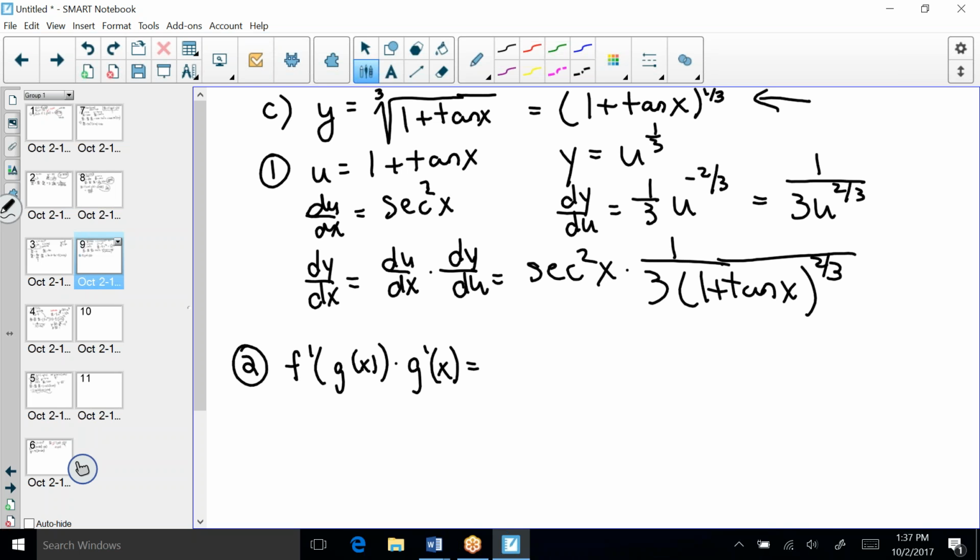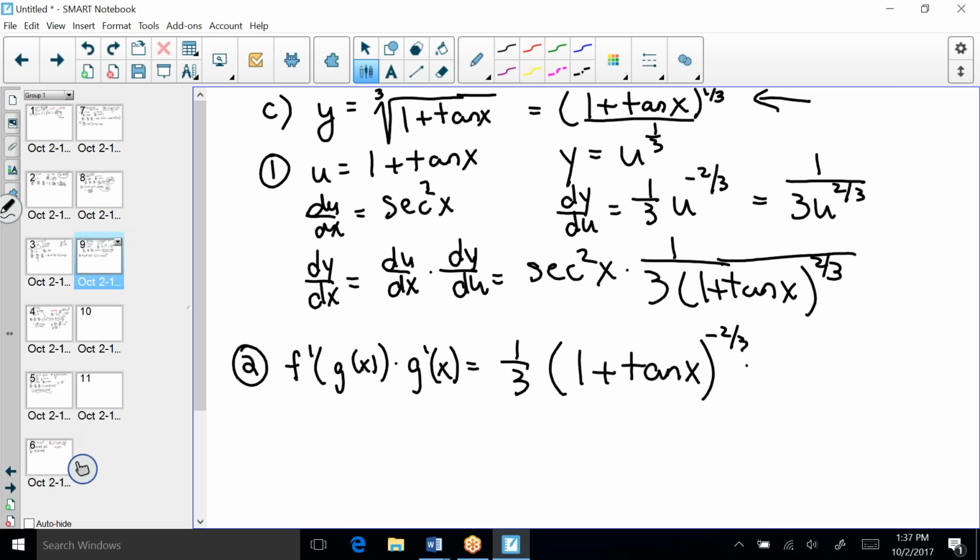The derivative of the outside we know is going to be 1/3 something, and then we're going to decrease the exponent by 1. But we're taking 1/3 of g of x. So g of x is going to be 1 plus tangent of x. And then the exponent is going to be 1/3 minus 3/3, so it's going to be negative 2/3.